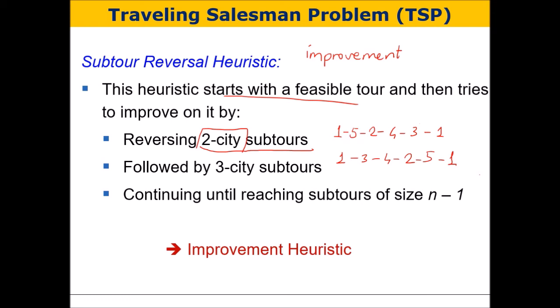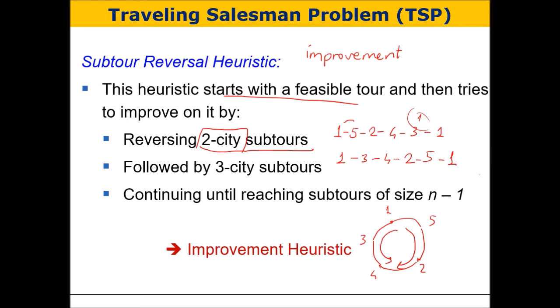Why? Because you see, this is a tour, which means that we start from 1, then go to 5. Let me sketch it here. So this is 1, then go to 5, and then go to 2, and then from here to 4, then to 3, then to 1. So in this first one, we are moving in this order. But in the second one, we are going in this order.